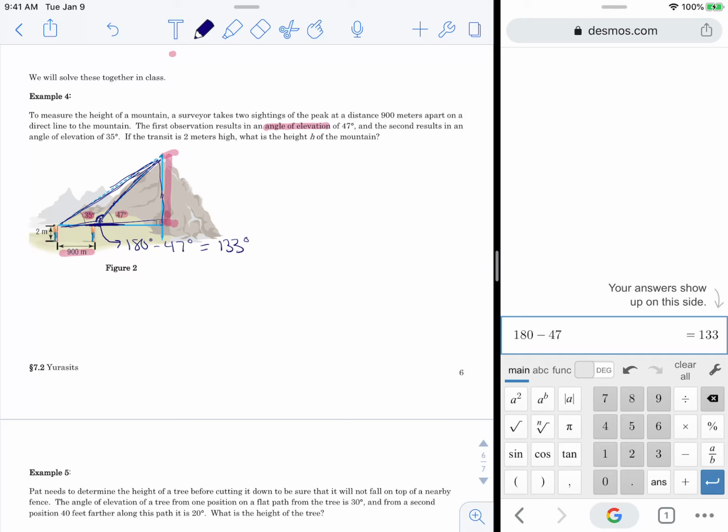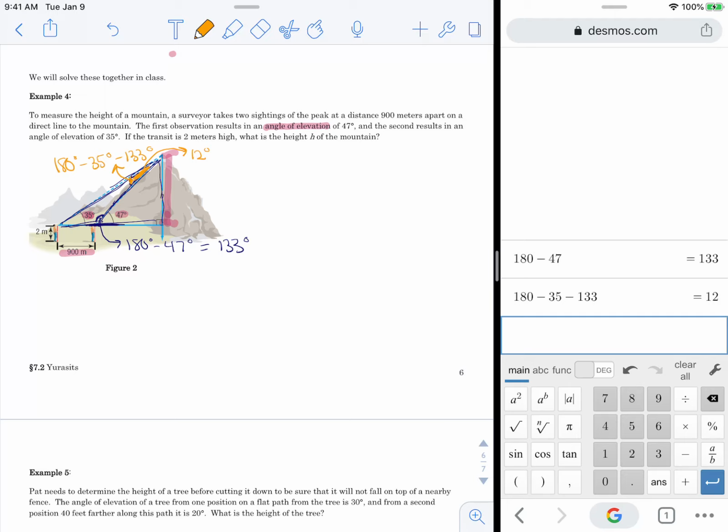Well, now if that's 35 degrees, this angle right here, that's the leftover of the triangle. So that would be 180 because it's a triangle, take away the 35 degrees, take away the 133. So I do 180 take away the 35, take away the 133, and I get 12 degrees. So this angle is 12 degrees.